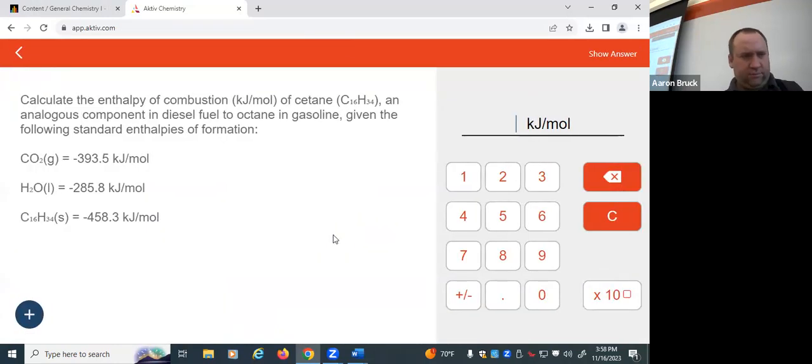So if I had a problem like this, where I was asked to determine the heat of combustion from the heats of formation here, what I would have to start with first and foremost is I'd have to have a balanced chemical equation.